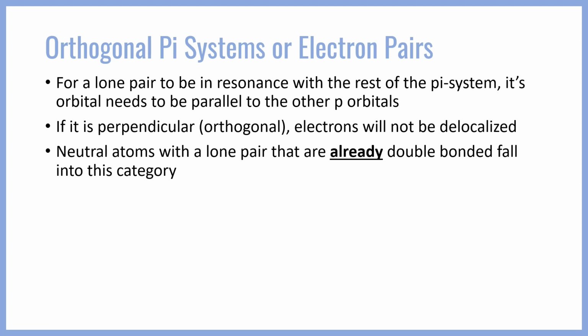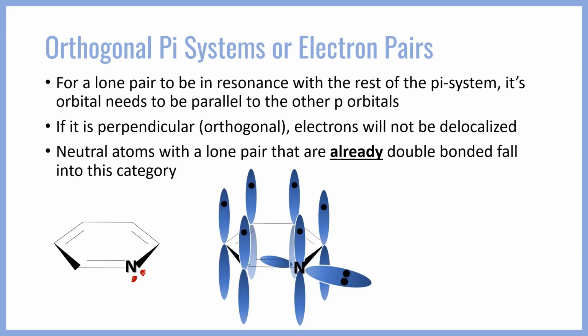So let's go ahead and look at the molecule pyridine, which has a nitrogen that's already double bonded, but it's also going to have a lone pair shown here in red. That lone pair, if we look at the orbitals, is going to be perpendicular to the electron that is participating in the pi system. The pi system is going to be vertical in this case, or the p orbitals are represented as vertical, whereas the lone pair is in an sp2 type orbital pointing perpendicular, 90 degrees from that pi system.